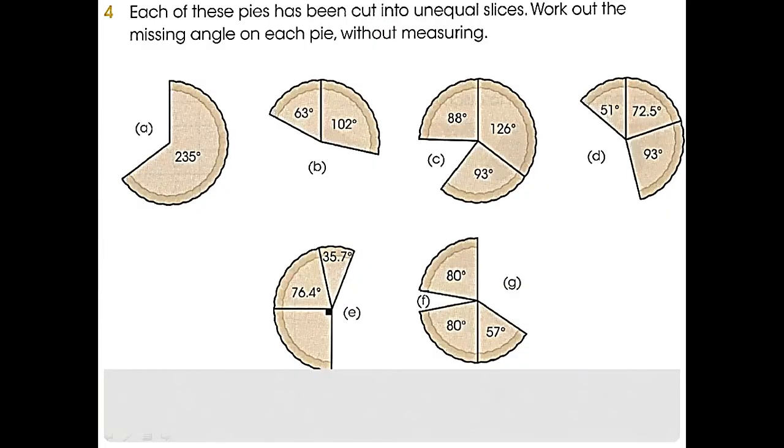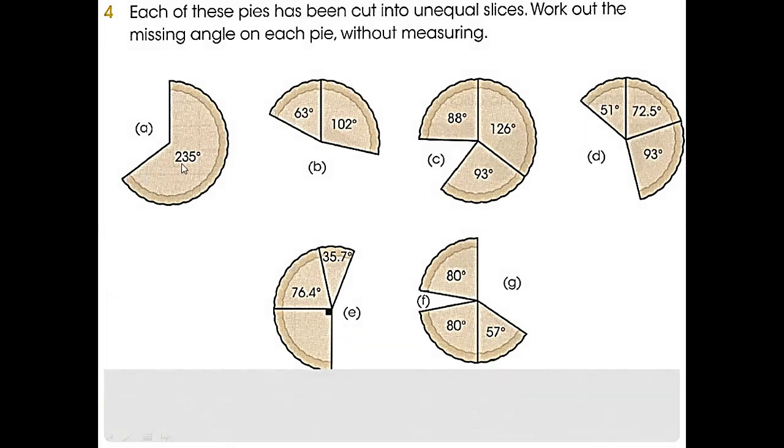Same as it is question number 4. Each of the pies has been cut into unequal slices. Work out the missing angle on each pie without measuring. So here, as we know, a full circle is 360. So we are just finding the missing piece.